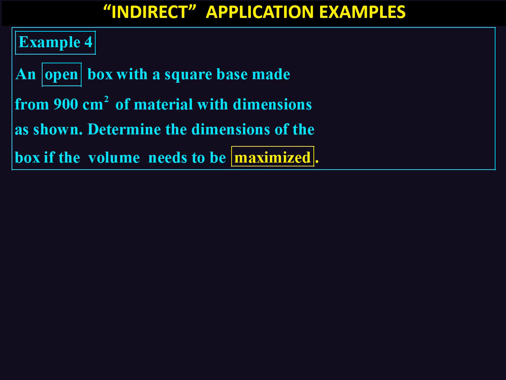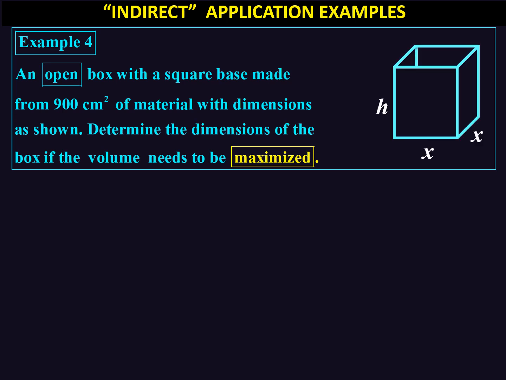Let's look at example number 4 now. We have an open box with a square base made from 900 square centimeters of material, with dimensions as shown. Do you know what we mean by an open box? That's right, it doesn't have a top, or a lid. You can see right through it, you can see inside the box. They said square base, which is x by x, and that is the height.